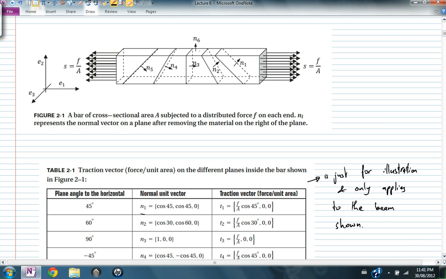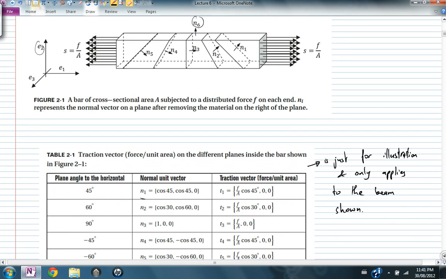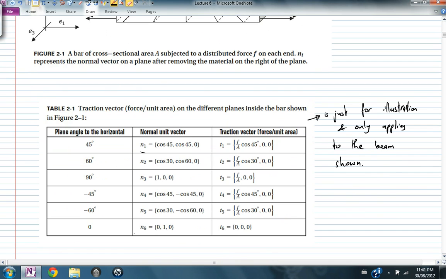And n6, the horizontal plane, or the plane that's perpendicular to E2, n6 is equal to 0, 1, 0. The traction vector is actually equal to 0.